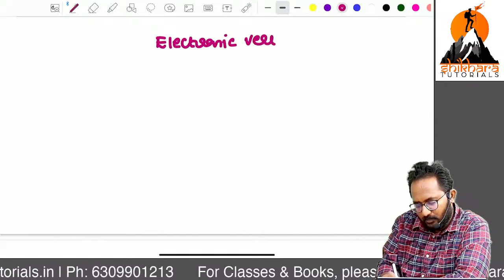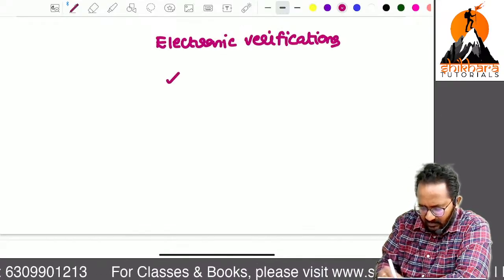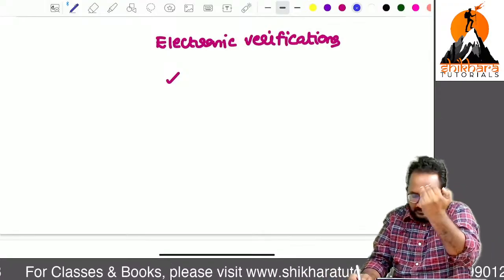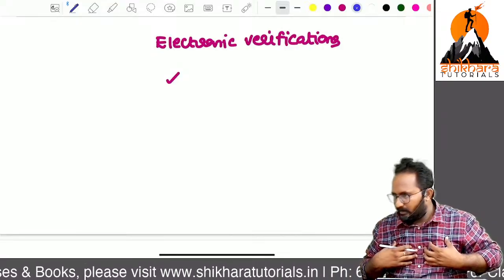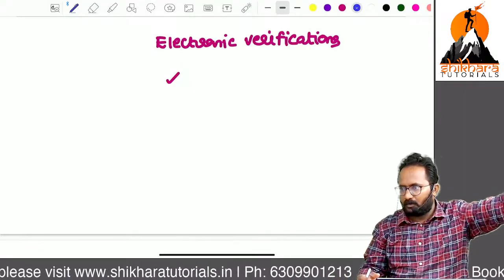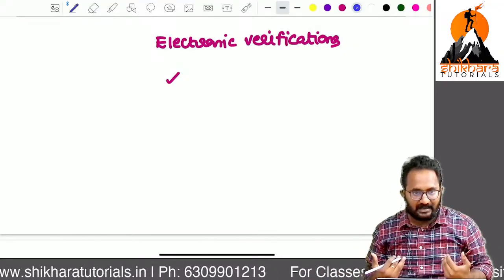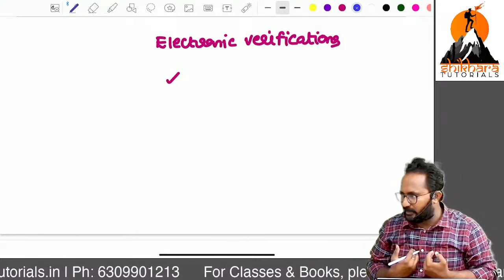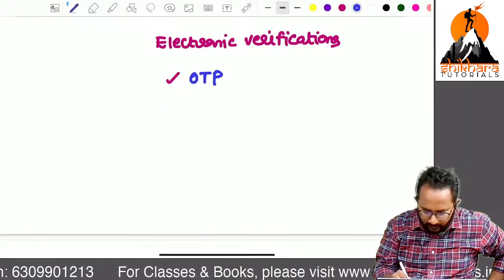Do you have any idea about how to e-verify the return of income? How many modes are there? Practically, if you have an idea, tell me in which modes we can verify our return. At the end I have to give my signature because this is self-assessed tax, declaring that these details are correct as per my knowledge. The modes are Aadhaar enabled OTP, electronic verification code, net banking, ATM, and digital signature.